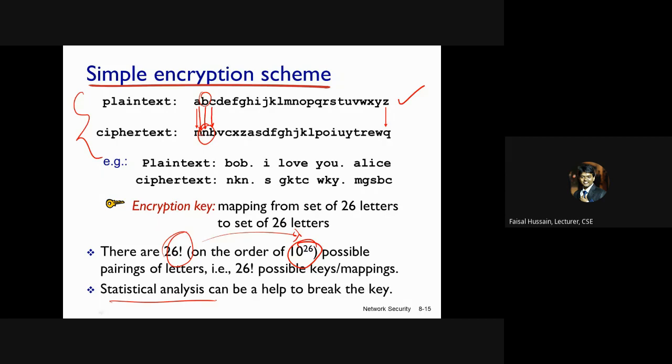So you can check which letter is coming again and again in the cipher text, assume that it could be E, or T, and try to find out the plain text from that key. Okay, so that is the idea, how you can use statistical analysis to find the plain text, or break the encryption algorithm.